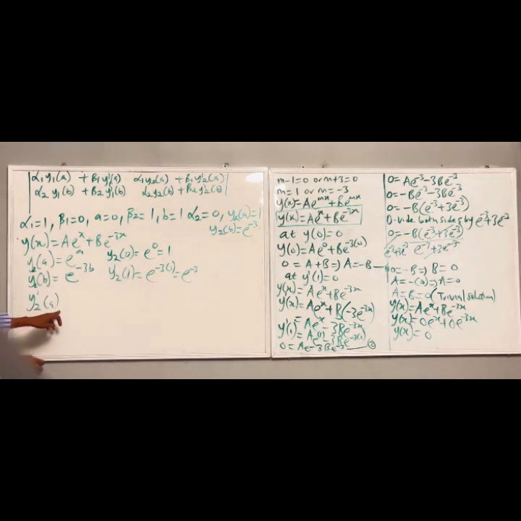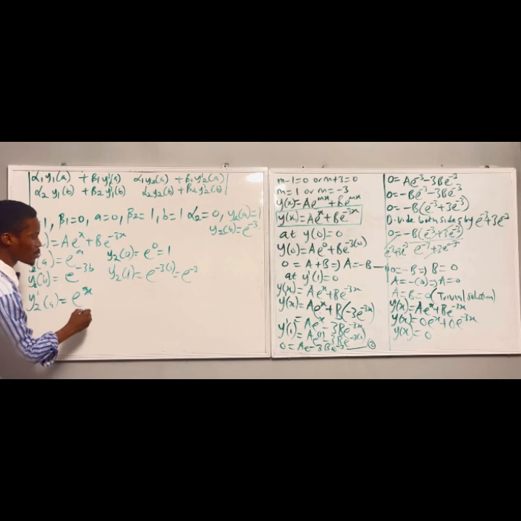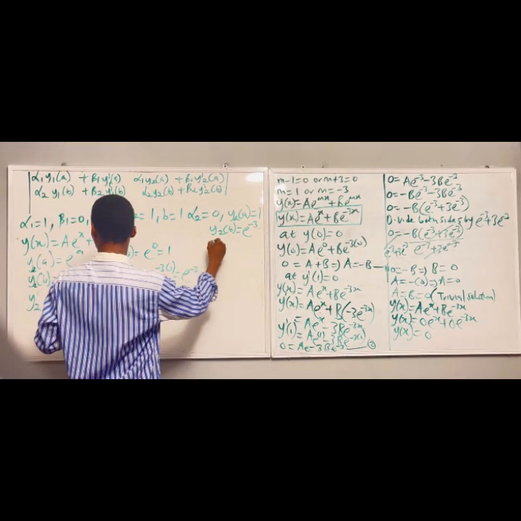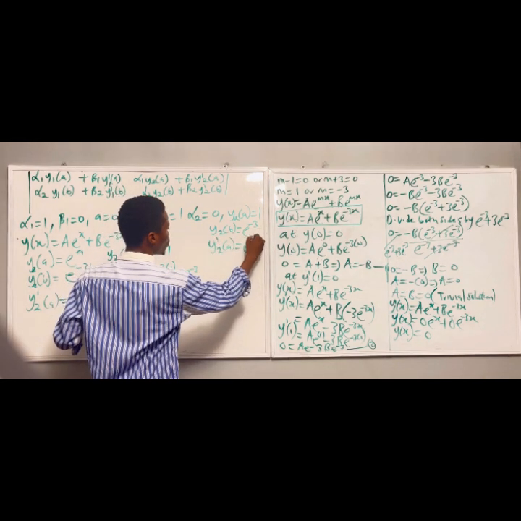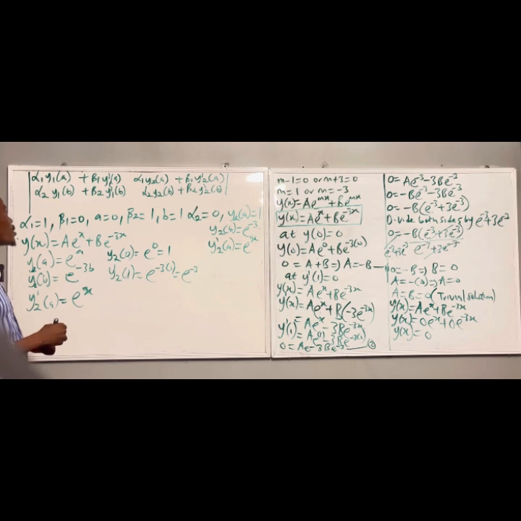If I differentiate this one, y2 of a prime, I'm going to have e^x, because I'm using e^x. Next I'm going to differentiate y2 of b prime.